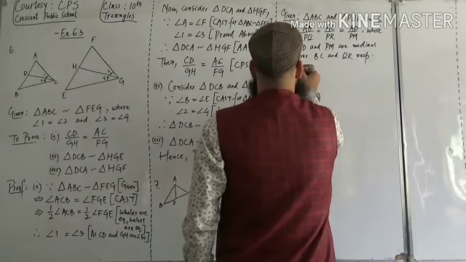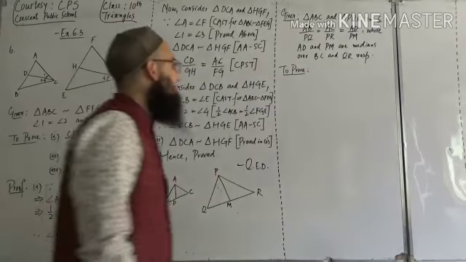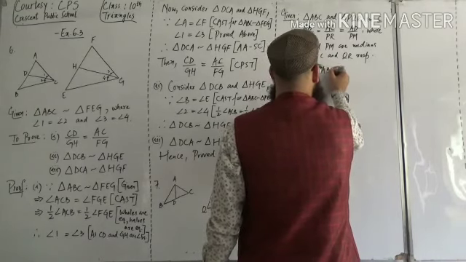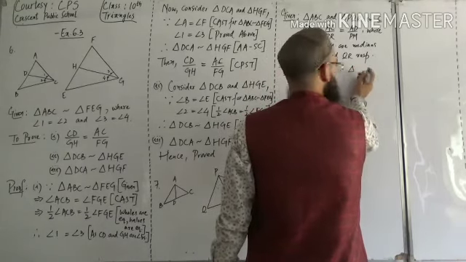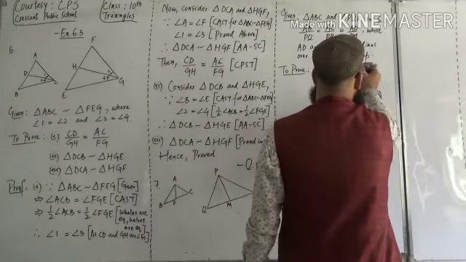To prove: triangle ABC is similar to triangle PQR.